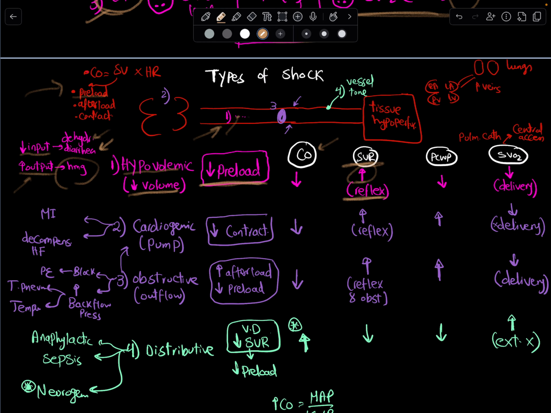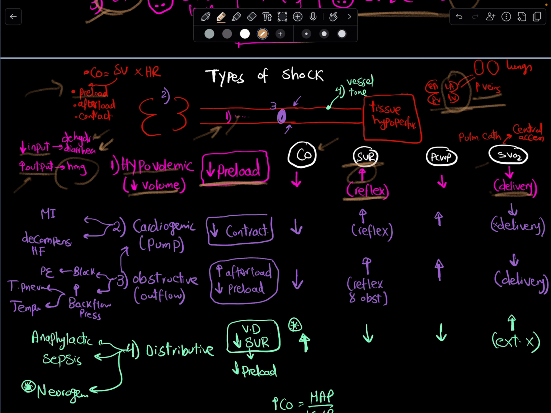Then the third thing is the PCWP, which is the pulmonary capillary wedge pressure. If you look at this, you have the two lungs, pulmonary veins, and it goes to the left side of the heart. So the pulmonary capillary wedge pressure is reflective of the volume status or the pressure in the left side of the heart.